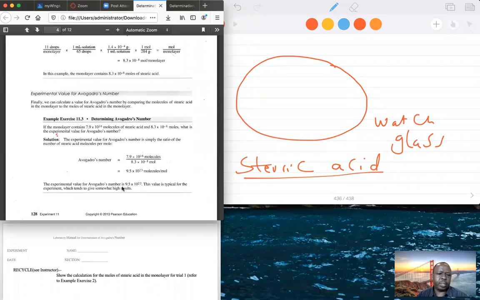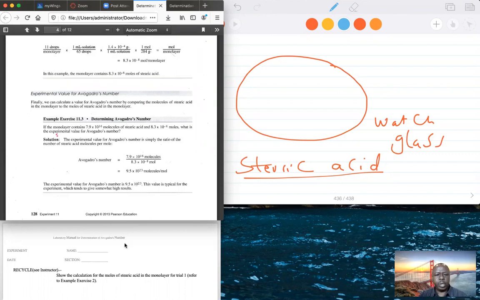It doesn't really matter, close to that is acceptable. The true value is 6.02, but here it is 9.5. It's okay if you are in 10 to the positive 23. If this was 10 to the positive 15, that's a huge difference. If this was 10 to the positive 30 or negative, whatever you have here, that means something went wrong.